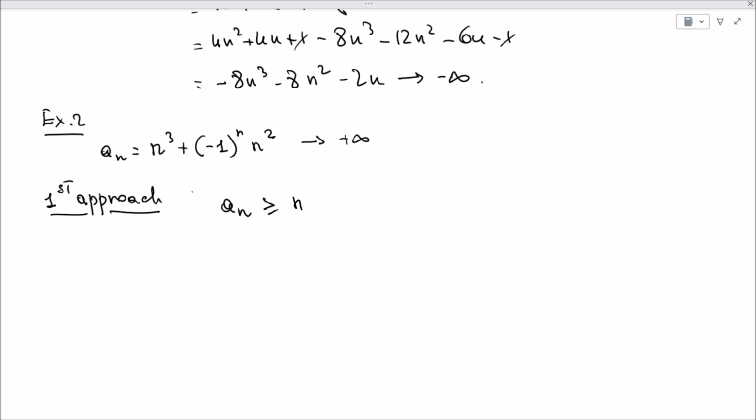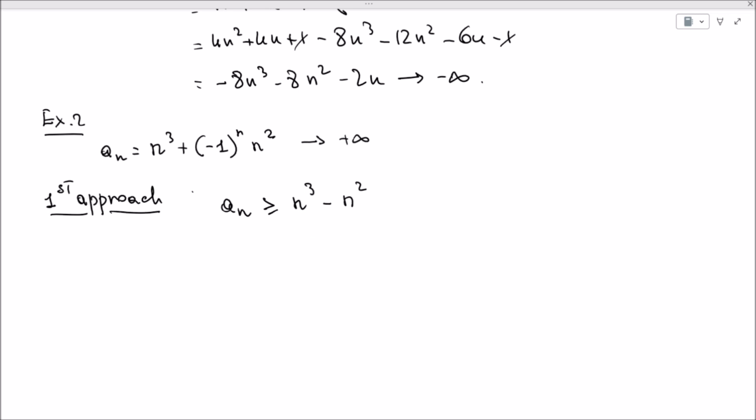And we can just build something which is smaller than a_n by replacing (-1)^n with minus 1, so just considering n to be an odd number. And so that implies that this is clearly larger than or equal to n cubed minus n squared.